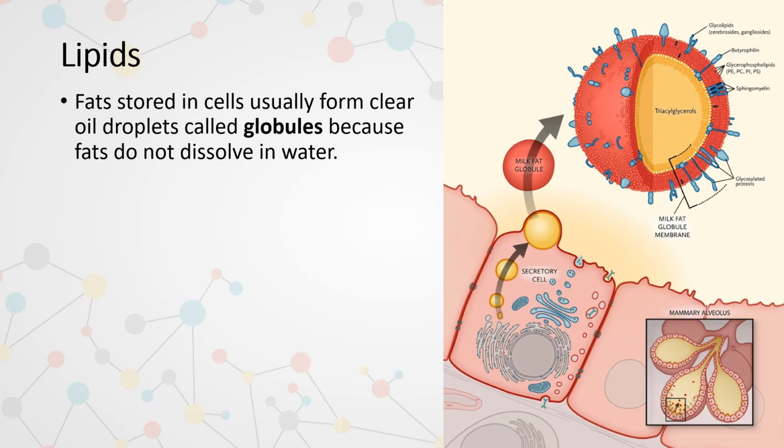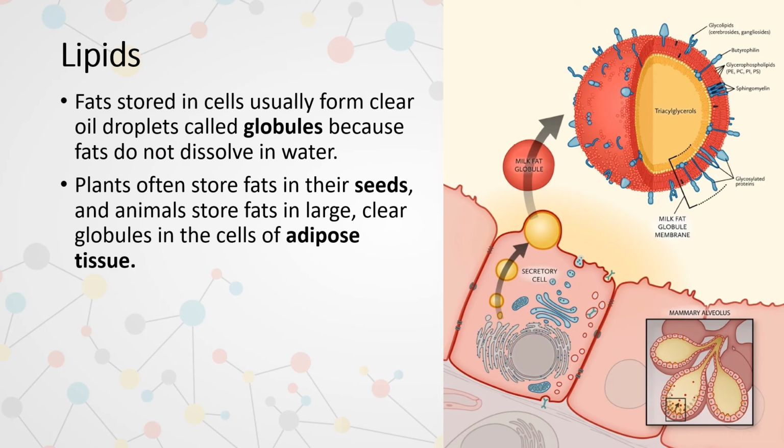Okay, but oils are considered to be polar substances. For that reason, these oil droplets are enclosed in globules. Plants often store fats in their seeds, and animals store fats in large and clear globules in the cells of adipose tissues.